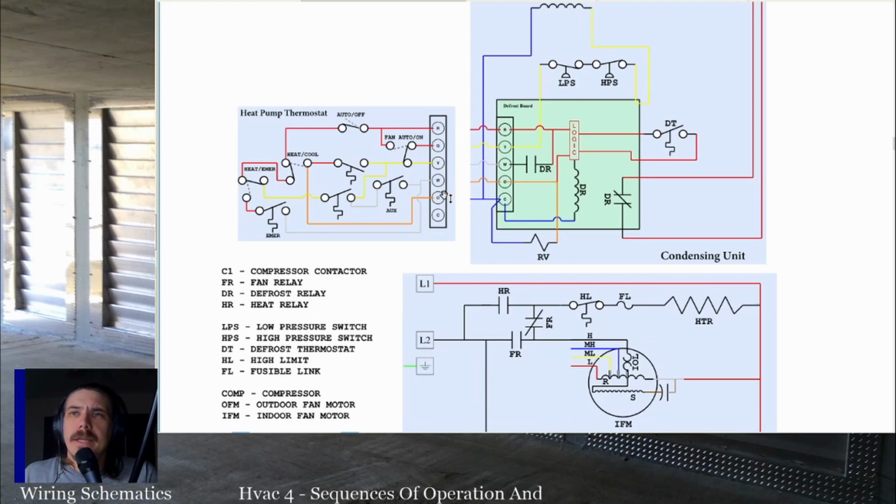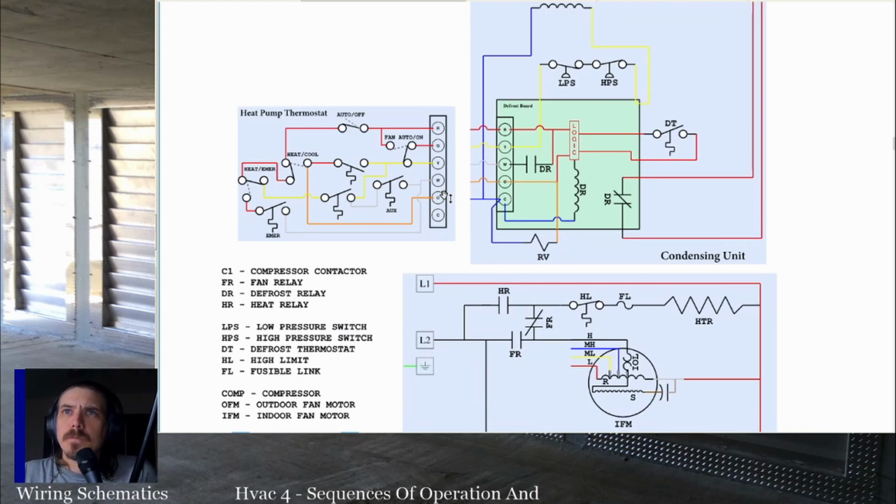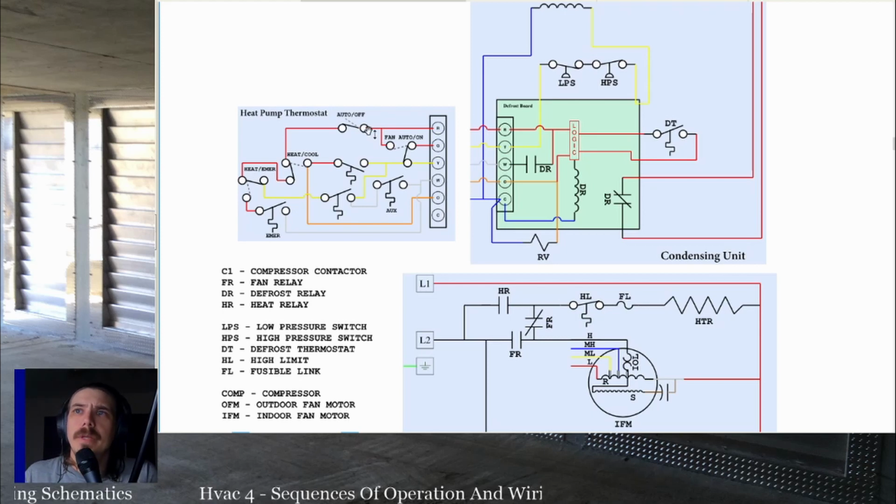So the thermostat is a little bit different on a heat pump. Now, granted, most electronic thermostats can be set for conventional or heat pump, but either way, the internal workings when that thermostat is set to heat pump are going to be a little bit different than if it's set to conventional. Notice we have the same fan auto/on switch, same auto/off switch, same heat/cool selector.